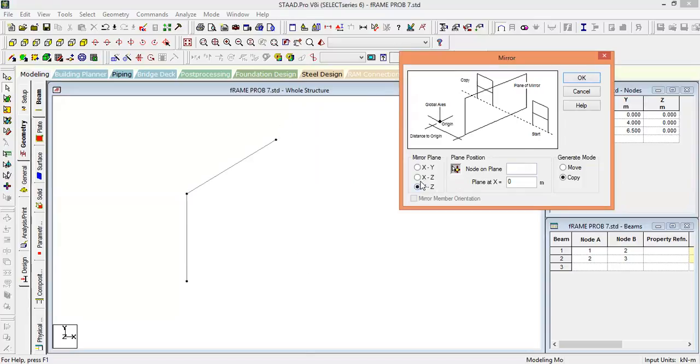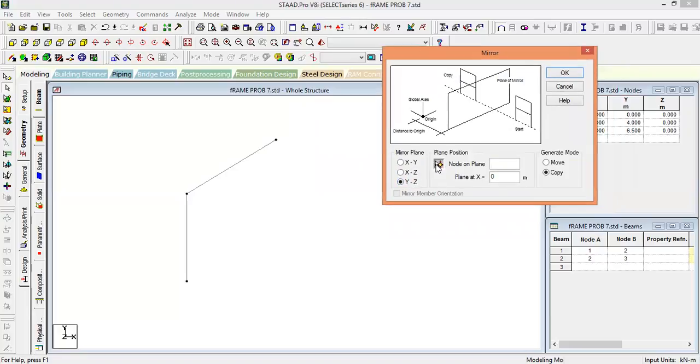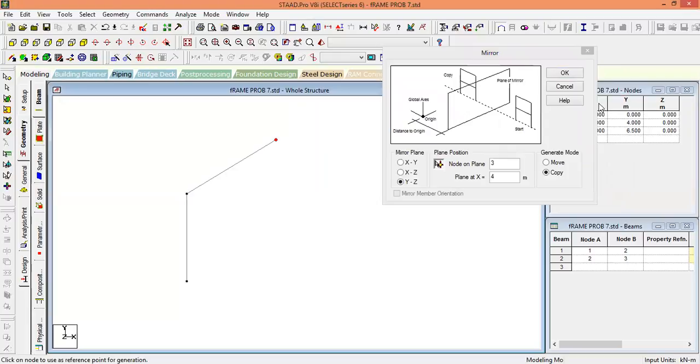So you should choose here the yz axis and generate the mirror in the yz axis. Then you should take the point at which you want the mirror. This is the point of symmetry, so I will choose this point.